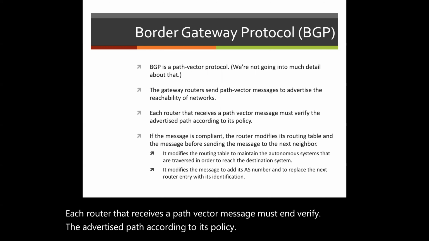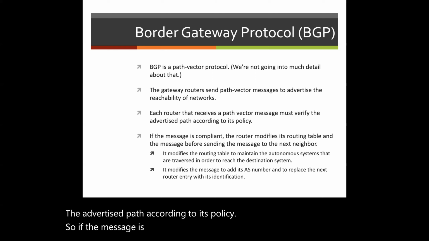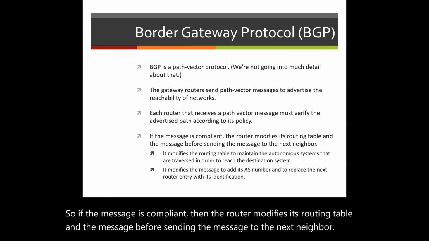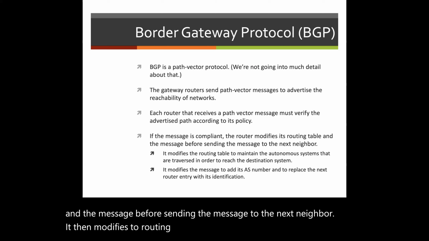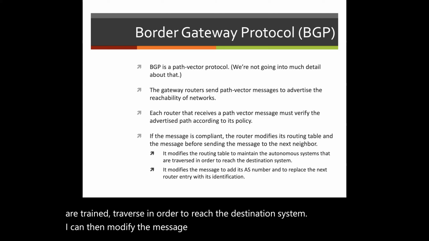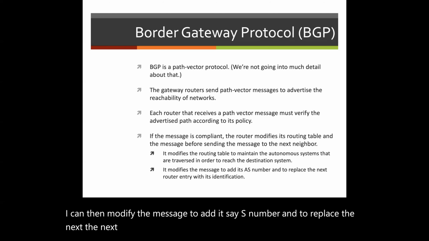So if the message is compliant, then the router modifies its routing table and the message before sending the message to the next neighbor. It then modifies the routing table to maintain the autonomous systems that are traversed in order to reach the destination system. It can then modify the message to add its AS number and to replace the next router entry with its identification.